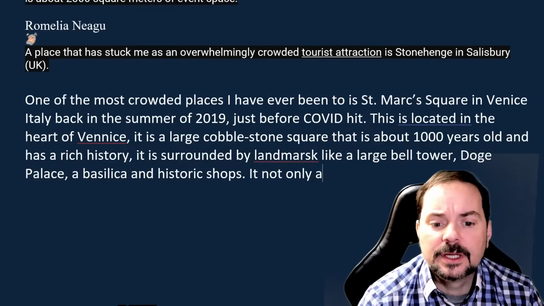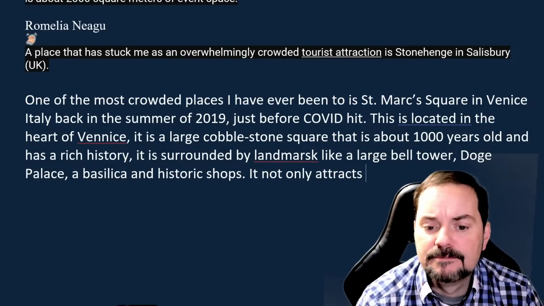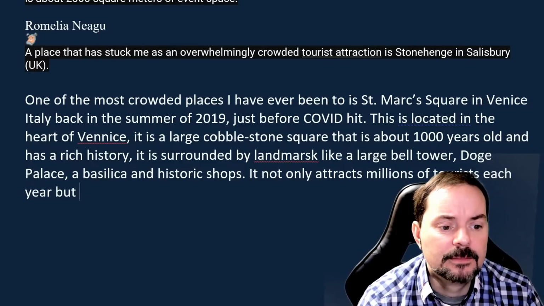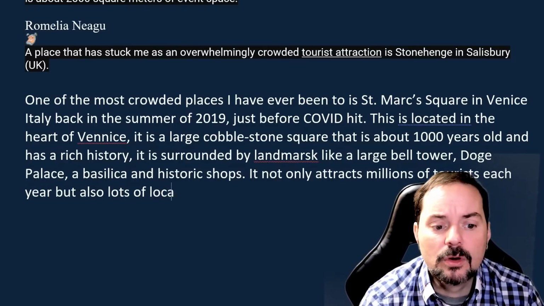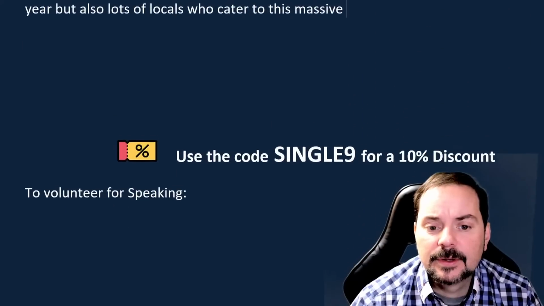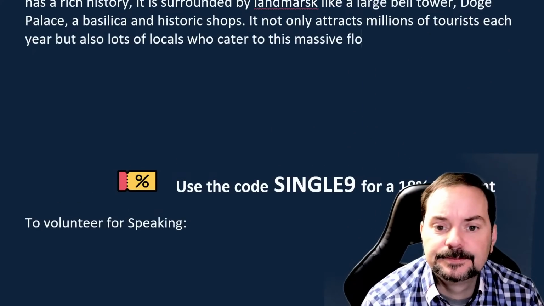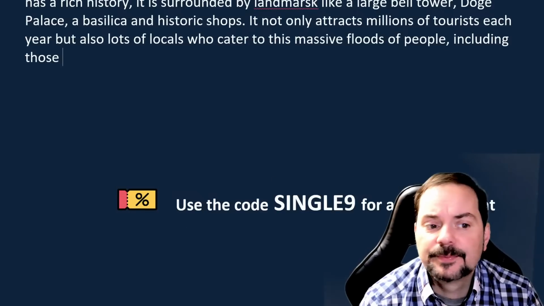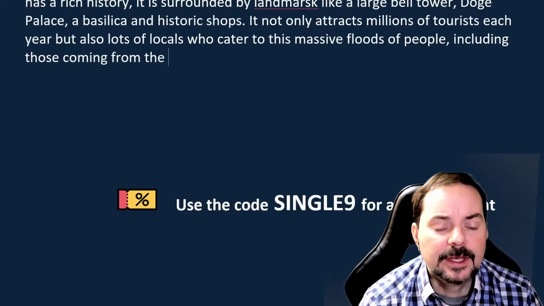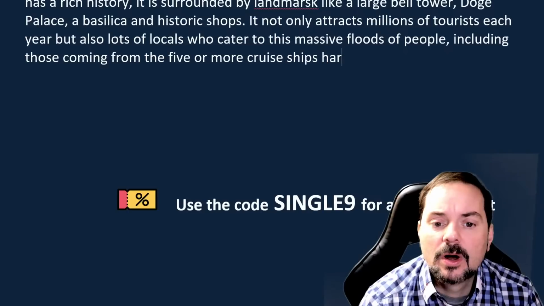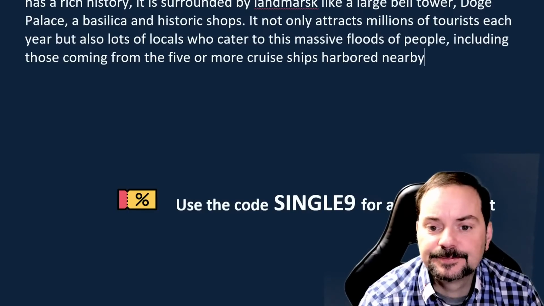It not only attracts millions of tourists each year, but also lots of locals who cater to these massive floods of people, including those coming from the 5 or more cruise ships harbored nearby.